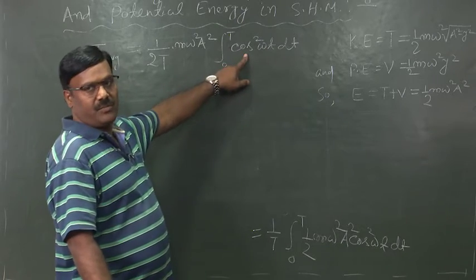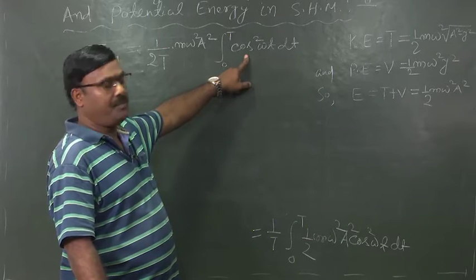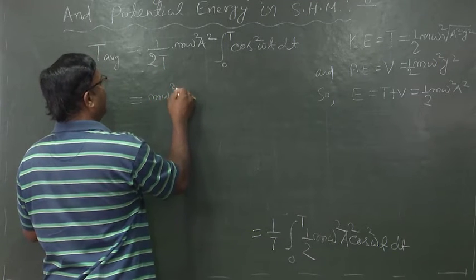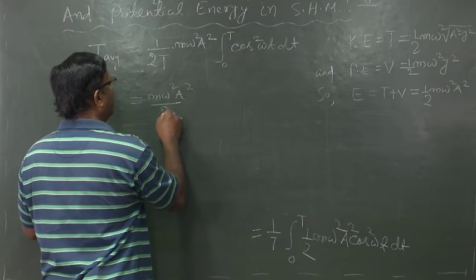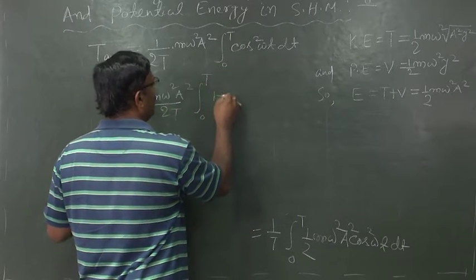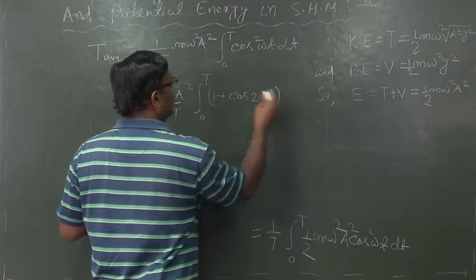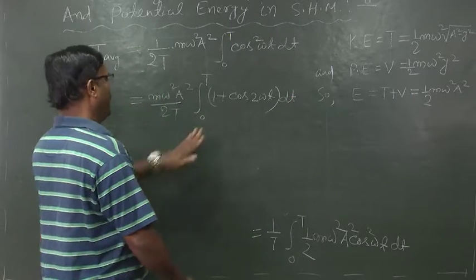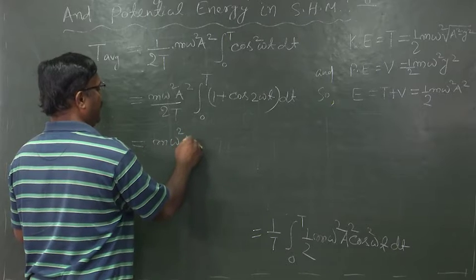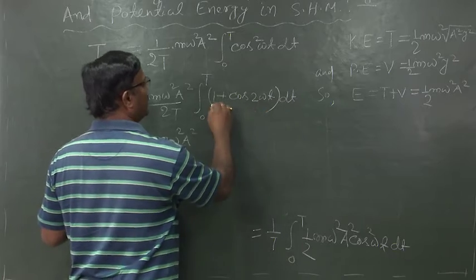But to integrate cos square omega t, we have to take the help of 1 plus cos 2 omega t. So, we can write this as m omega square a square divided by 2T, and within integration it can be written as 1 plus cos 2 omega t whole into dt. Now, by expanding this we can write m omega square a square by 2T, and this is 1 plus cos 2 omega t by 2.